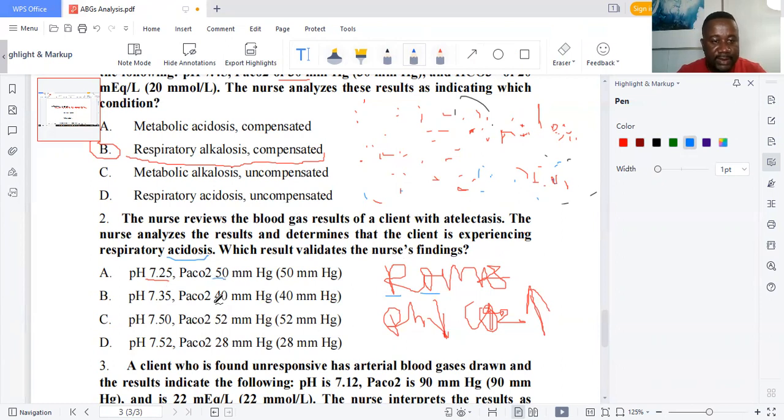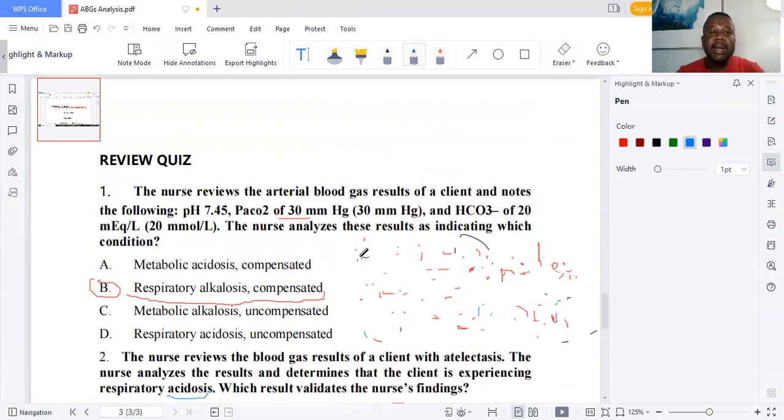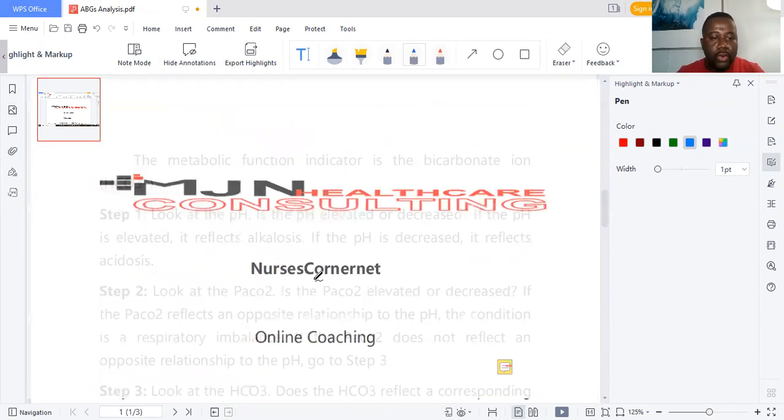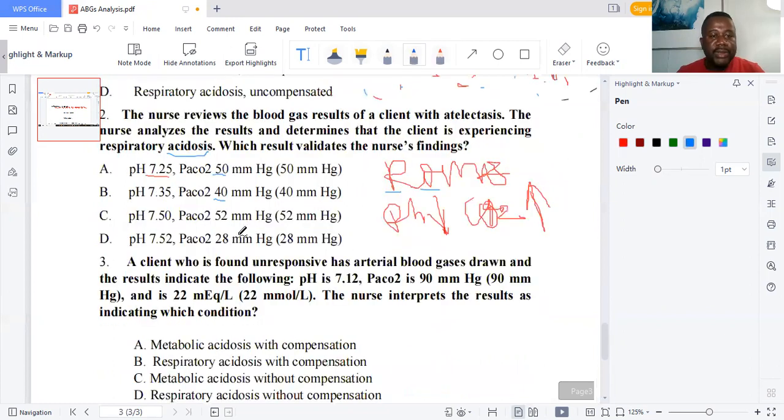This is 50, this is 40. 40 is within normal range, it's not high, because our carbon dioxide ranges from 35 to 45, right? So the right one here is 50. 50 is above 45. So for respiratory acidosis, our answer is A. This is the right answer. I hope this is understood.